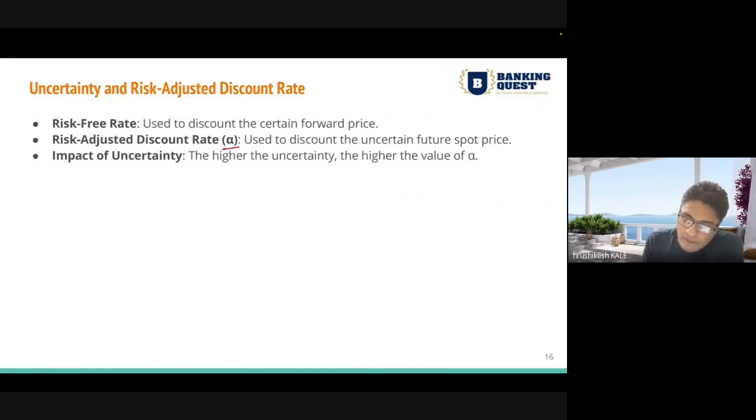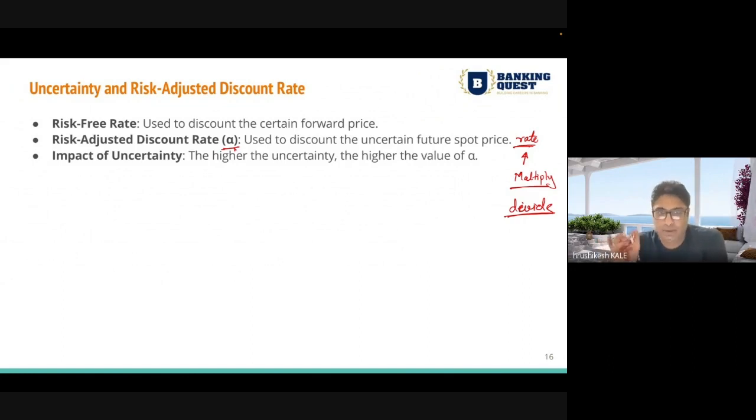So this alpha is a rate. If it is a rate of cost, then you multiply by it. If it is a rate of income, you divide. Sorry. Now, when we see the example, I will tell you this. Okay, let's go to the next slide.